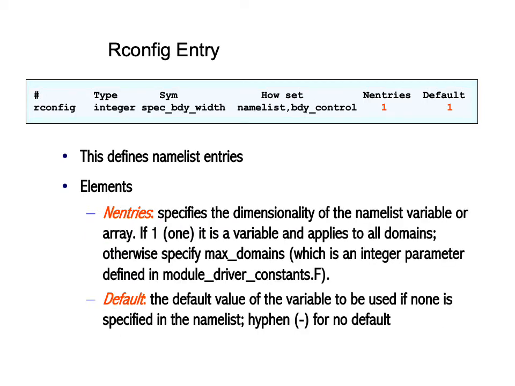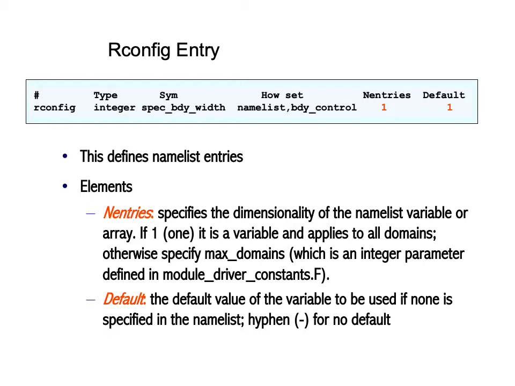The two really helpful pieces of rconfig are the number of entries and the default value. Typically, the number of entries is either the numeral 1 or the keyword max dom.